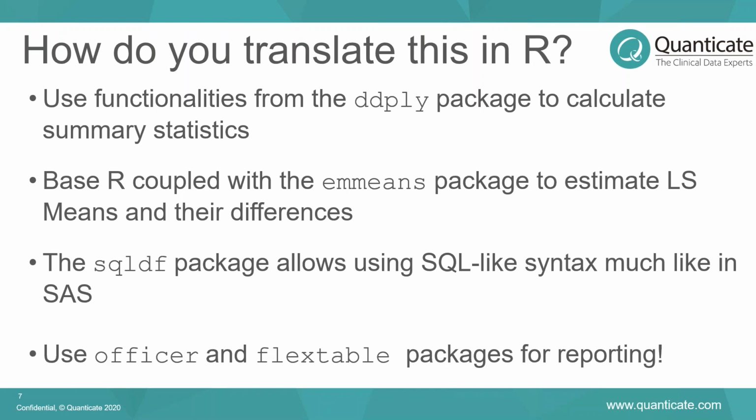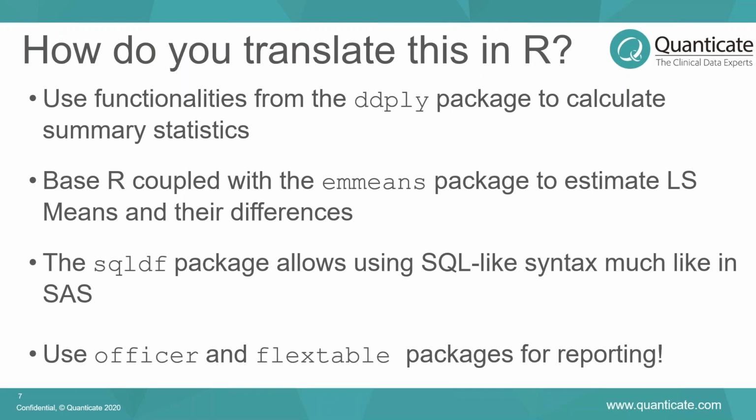And also, estimating the LS means is easier than it was even only a few years ago, because the emmeans package has been created, which allows you to estimate least squares means, which is not created by default by our procedures, because least squares means is very much SAS specific.